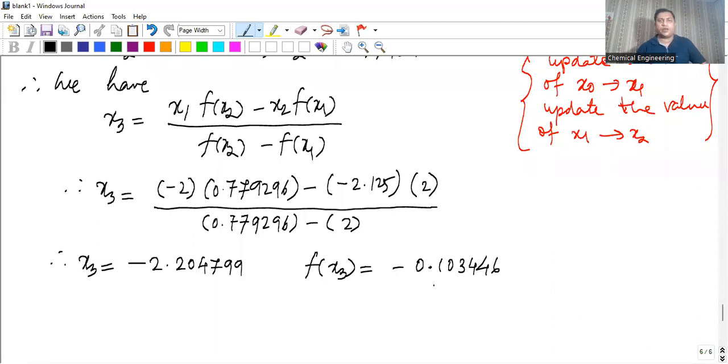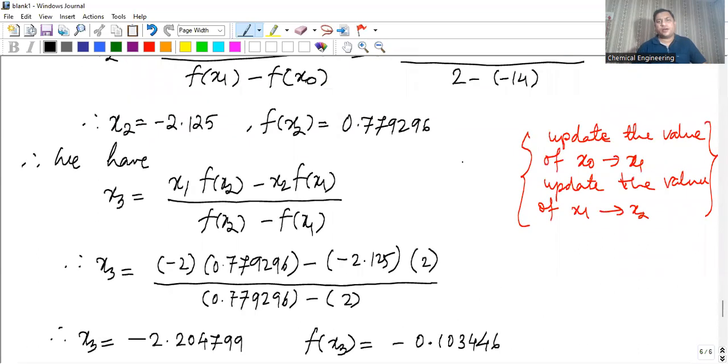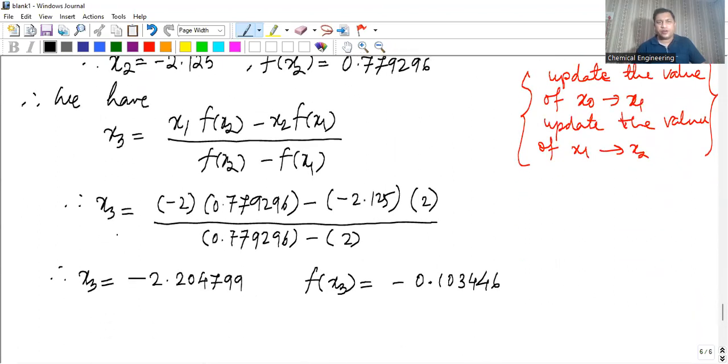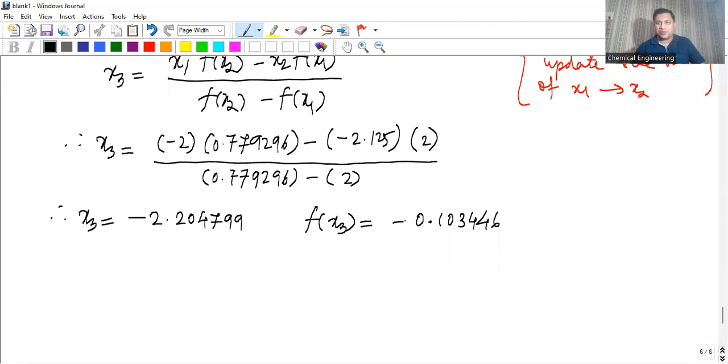Yes, sir. So you can see earlier it was positive. For x2 it was positive. For x3 it is coming to be negative. So you can see it is jumping on the positive and negative side, and it will approach 0. This is how the secant method will work.